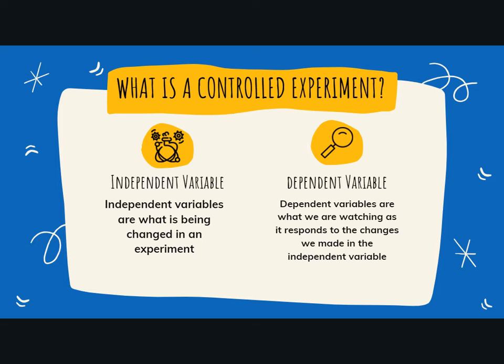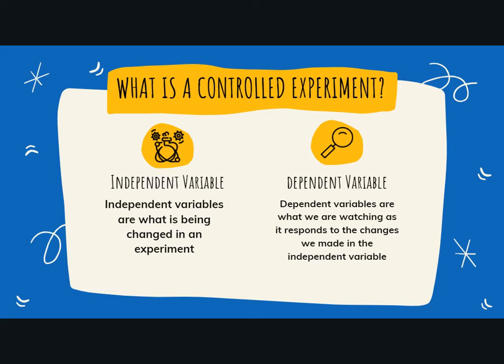So a controlled experiment has an independent variable and a dependent variable. The independent variable is what we are changing. So if it's the type of light we're giving a plant, or the type of food that we are giving a mouse, the independent variable is what we are changing. The dependent variable is what we're watching.